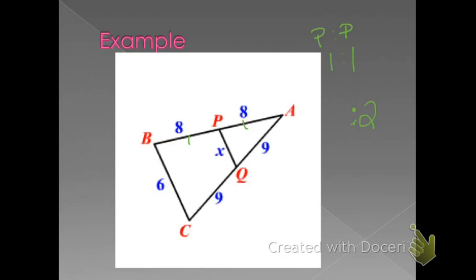And then I take the smaller ratio, or the top one, and I make it 1 to 2. So if this is 8 to 8, we could say this is 8 to the whole, which is 16. So 8 is half of 16, so x should be half of 6. So x equals 3.